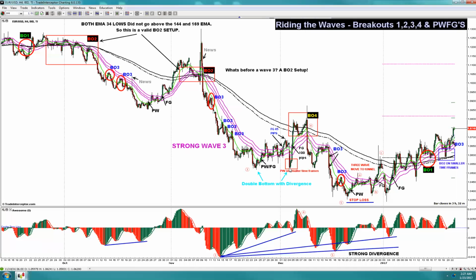You can all see that this looks sloppy. We actually didn't do a fill the gap until we did a PW, and the PW is price to the wave. And we came back below the wave only over here. And then once we started to move higher, we actually fulfilled the fill the gap trade.